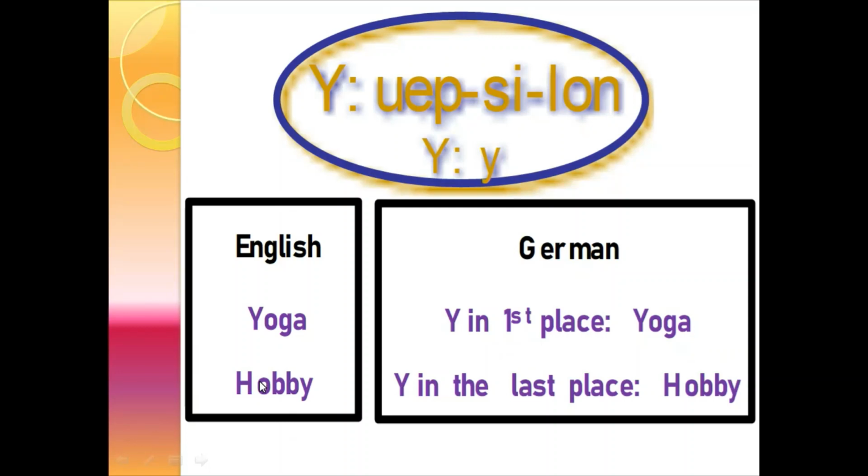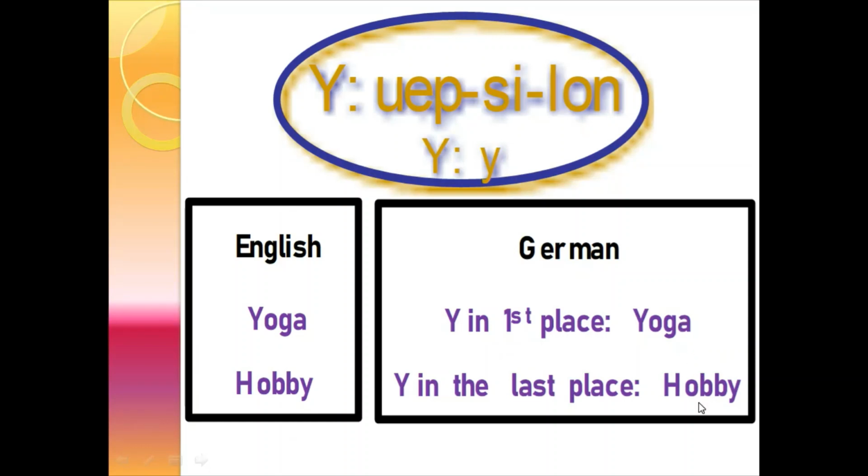Now the English sound of the German Ypsilon alphabet can be heard in a German word also beginning with Ypsilon, such as yoga, but then again not ending in Ypsilon, because in this word, hobby, the Ypsilon has an I-like sound.